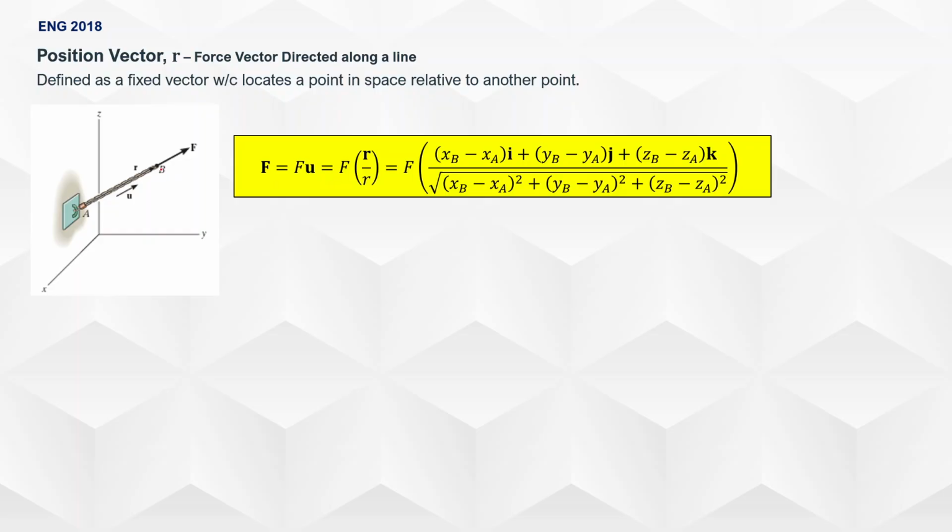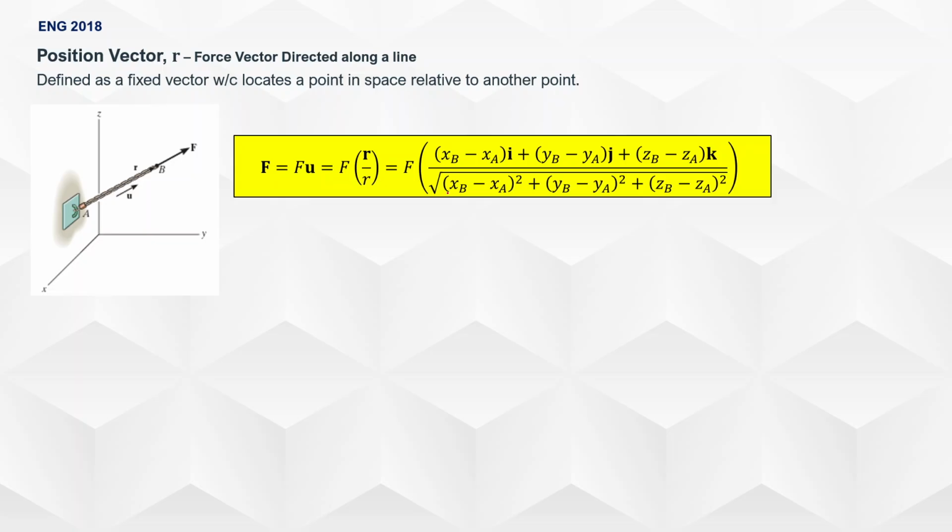We can define this common direction by the unit vector U equals position vector R divided by its magnitude, and we can extend that, and this will be its equation. Remember, this is pretty much the same as the magnitude when we're talking about forces.